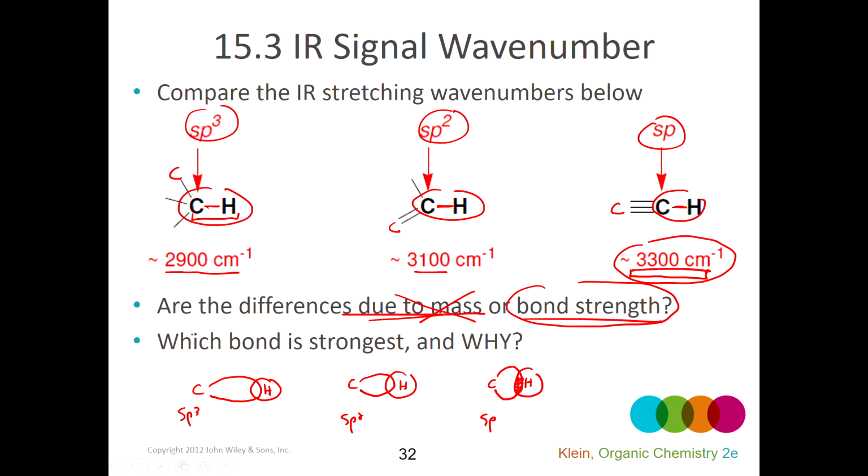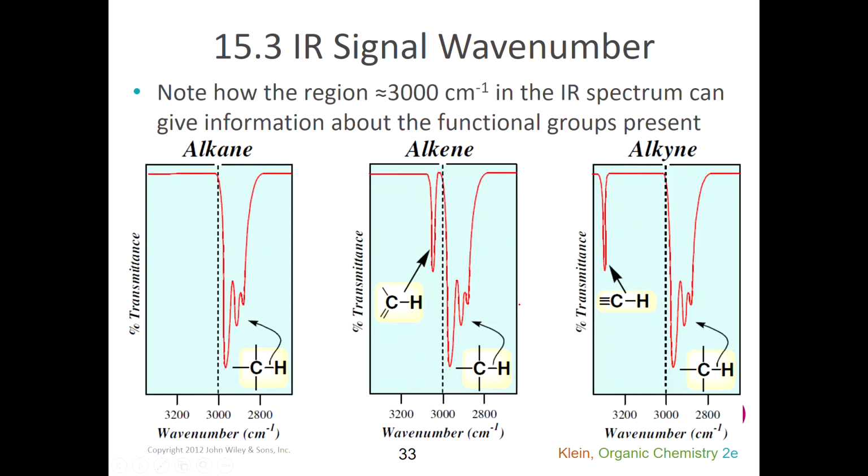So this is really useful to us. We can tell what types of CH bonds are in our structure by looking at what wavelengths of light are absorbed when we put that structure in the IR spectrometer. And so here's some examples of some molecules that would produce those signals.